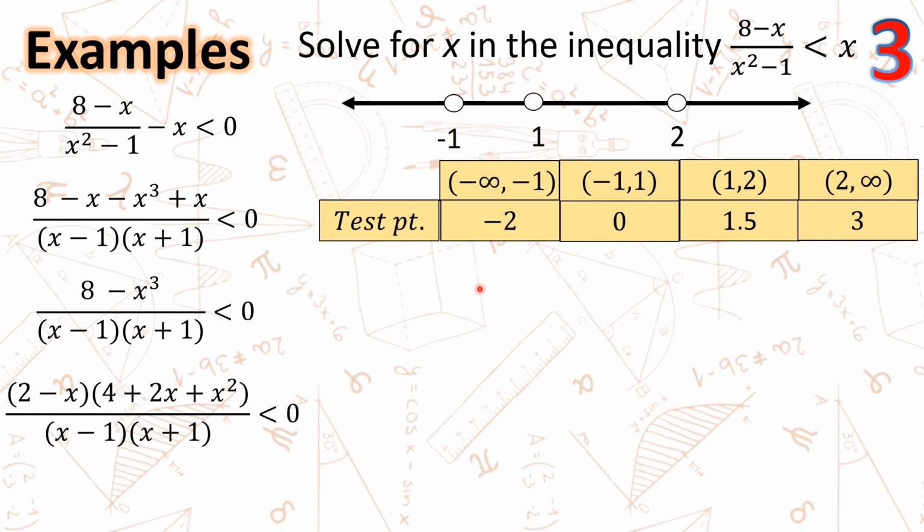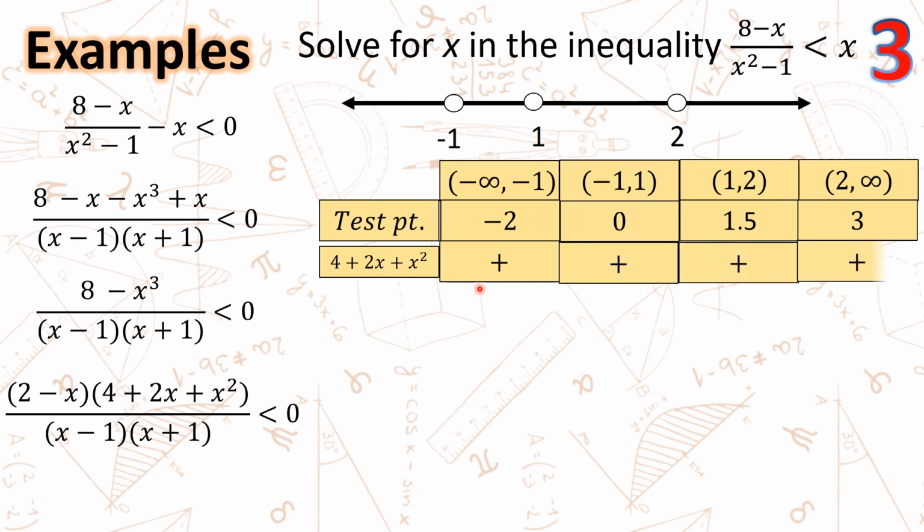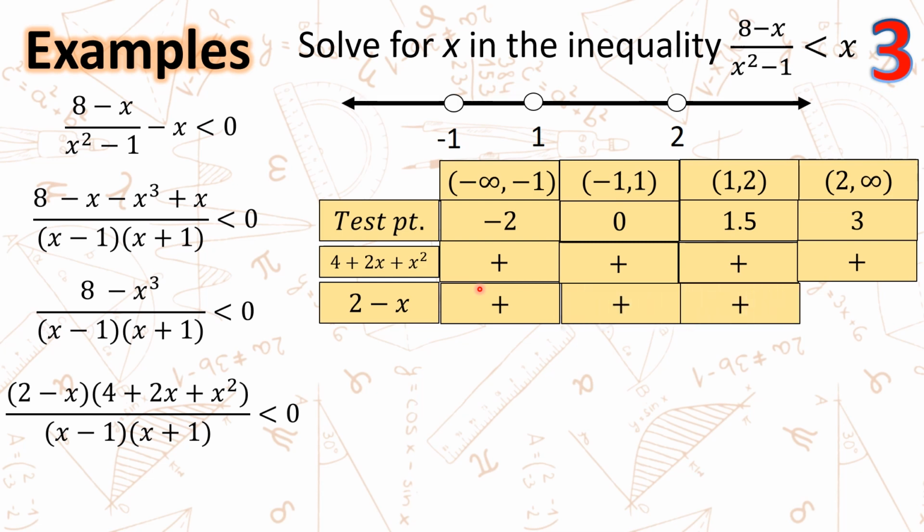In the numerator, we have 4 plus 2x plus x squared. Notice that any value will make 4 plus 2x plus x squared positive. Next, we have 2 minus x at interval negative infinity to negative 1. This is positive. At negative 1 to 1 using 0 as the test point, this is positive. At 1 to 2 using 1.5, this is positive.